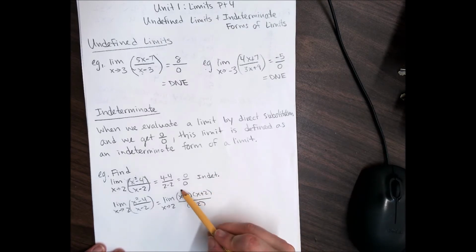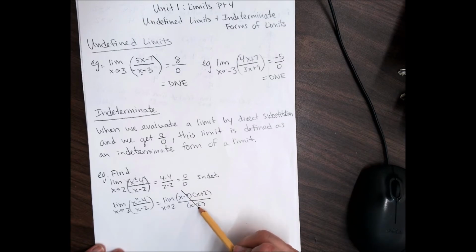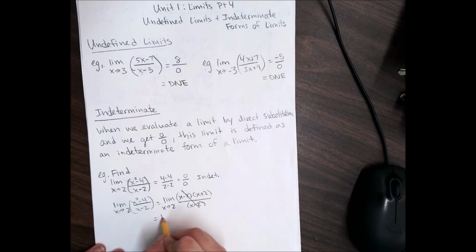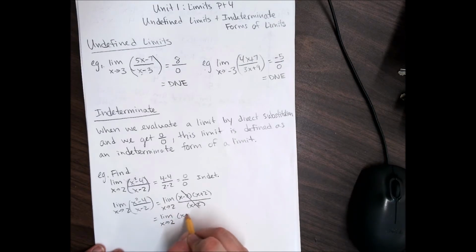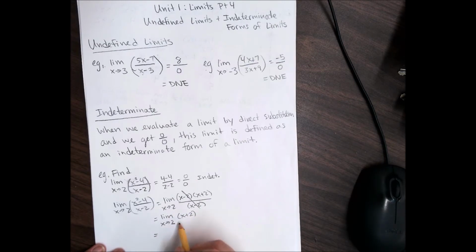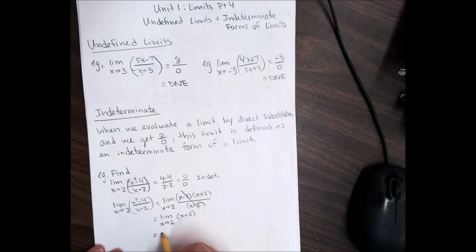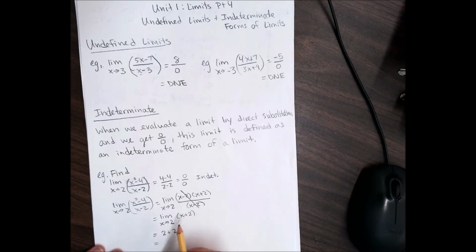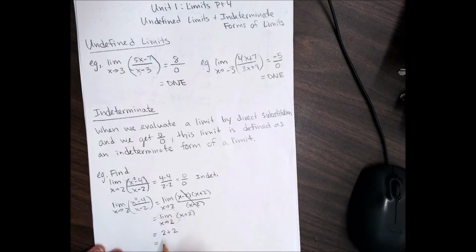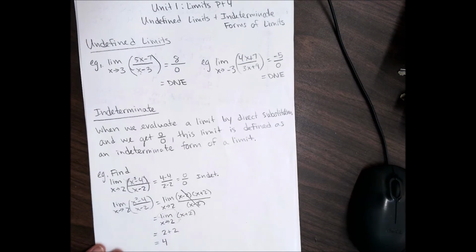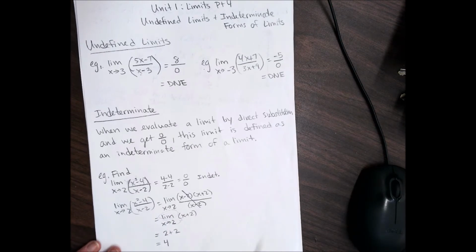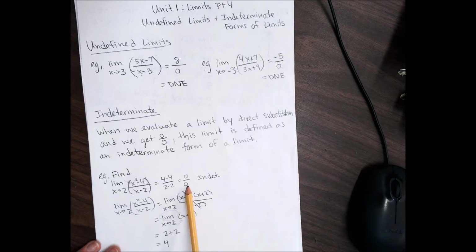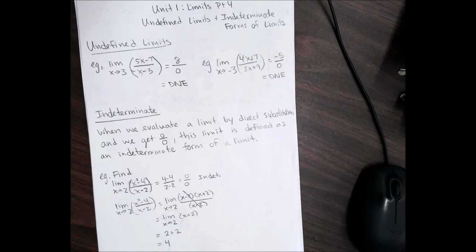Now we can see that we can cancel a term from the top and bottom, and this equals the limit as x approaches 2 of x plus 2, and now that we can safely plug in 2, we get rid of the limit notation, and we get equals 4. So originally we got 0 over 0, but the real limit is equal to 4.